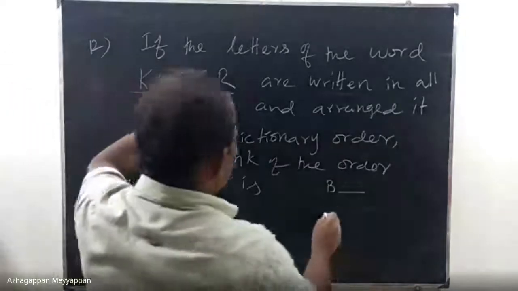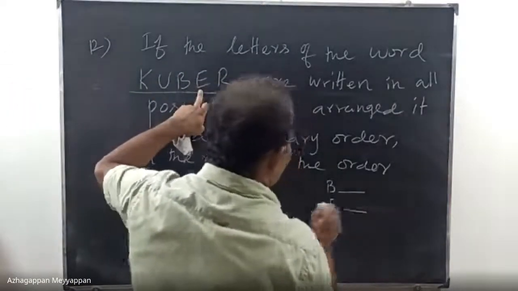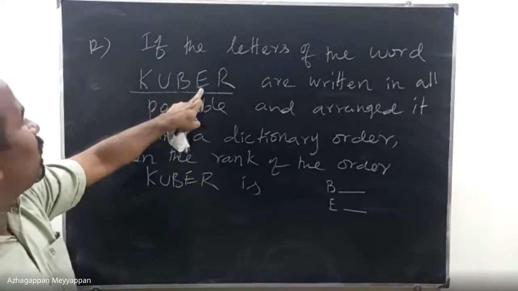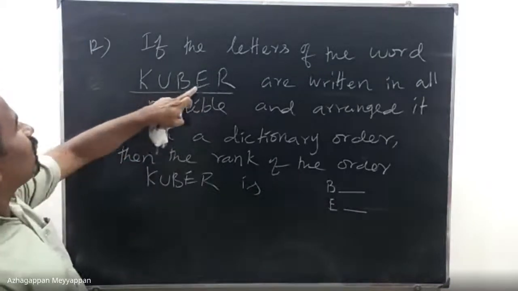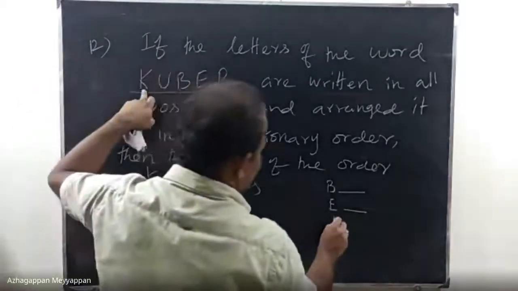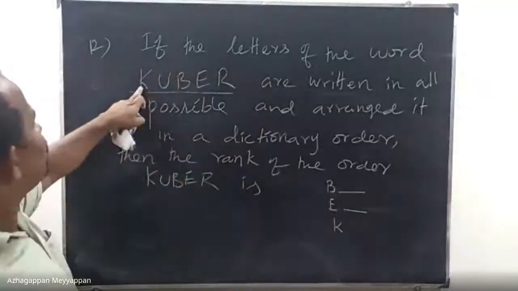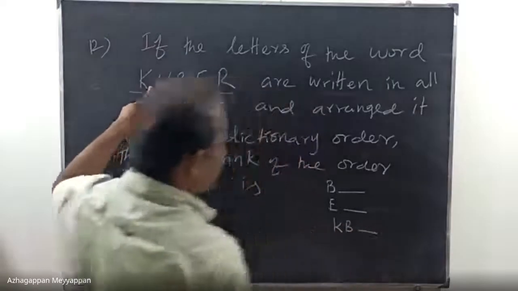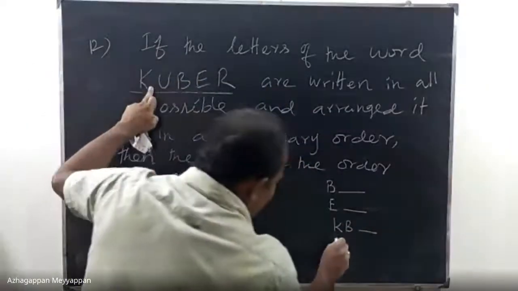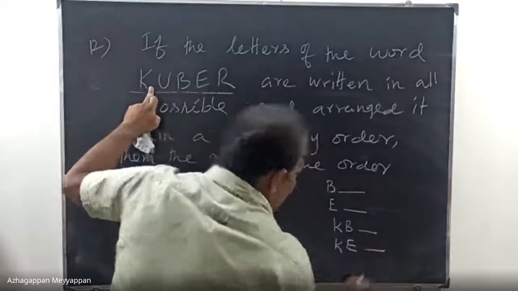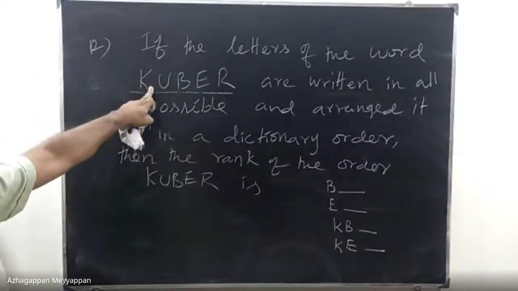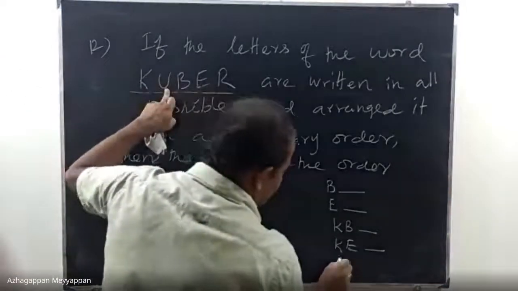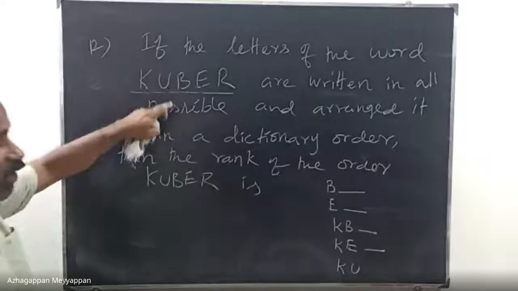Then E, and all possible arrangements. Then the next letter is K. Before KU, KB is also there, and KE also, we can take all arrangements. After KB and KE, only KU will come.